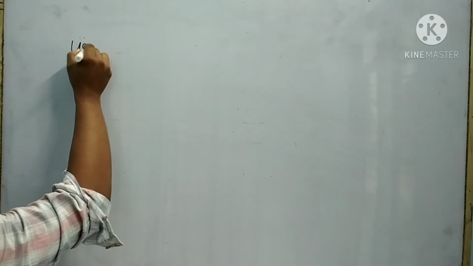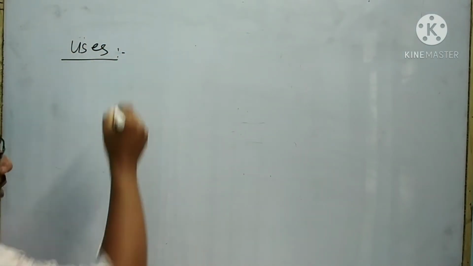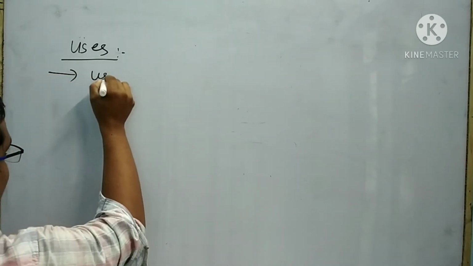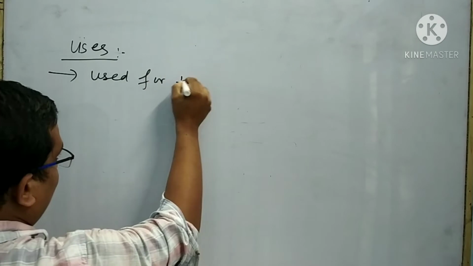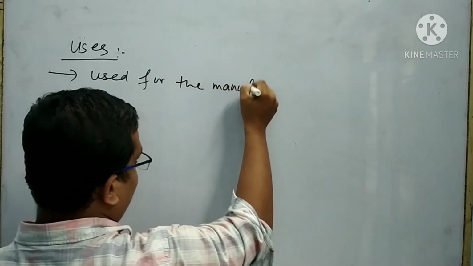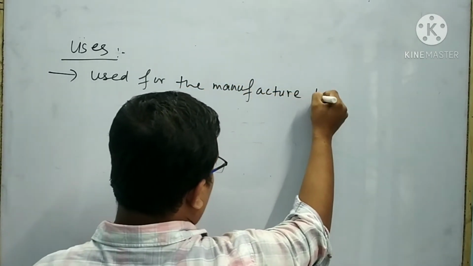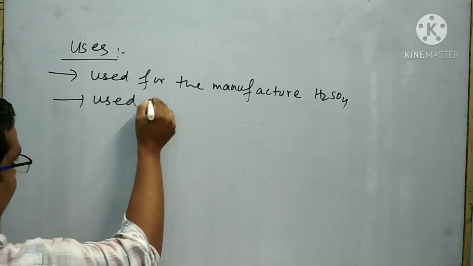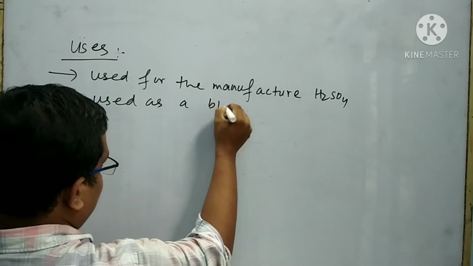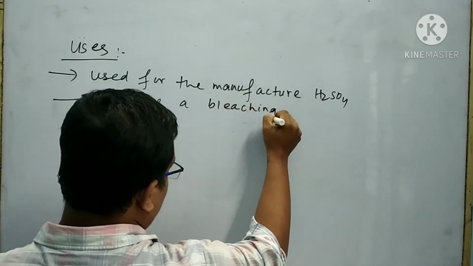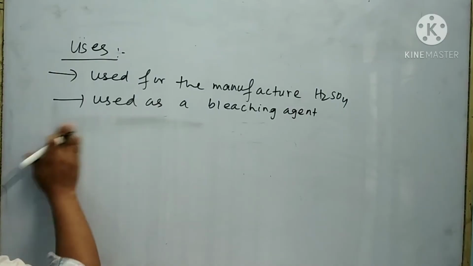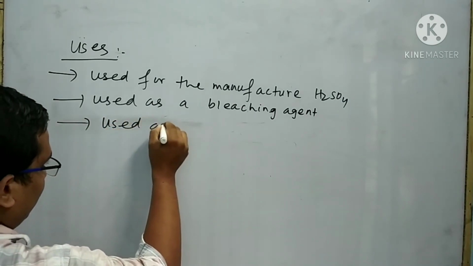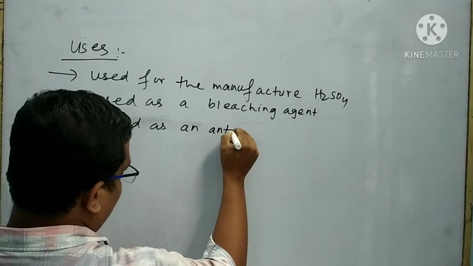Next I will explain about the uses of sulfur dioxide. First use is it is used for the manufacture of H2SO4. It is used as a bleaching agent. Next use is it is used as an anti-chlor.